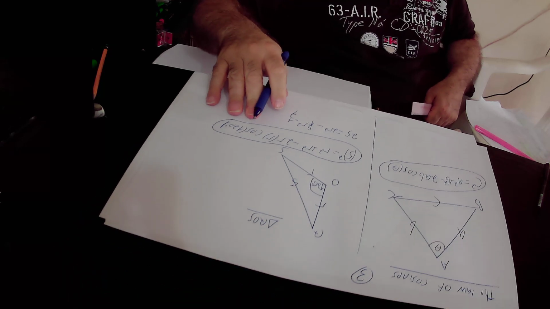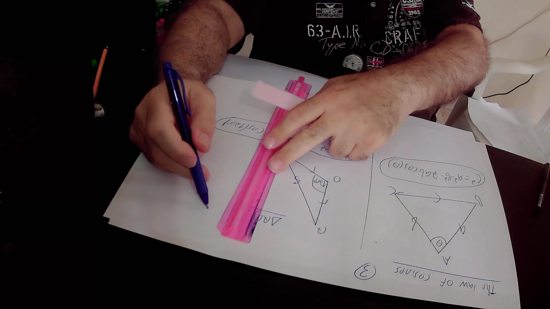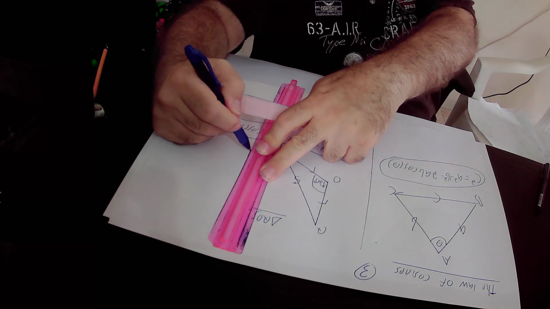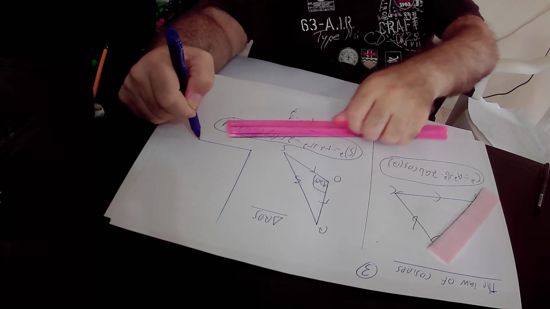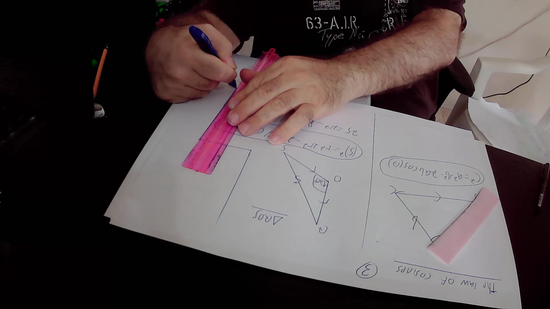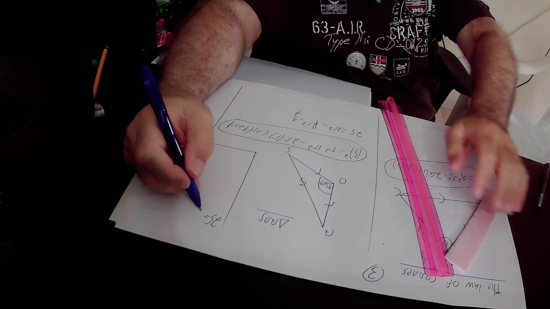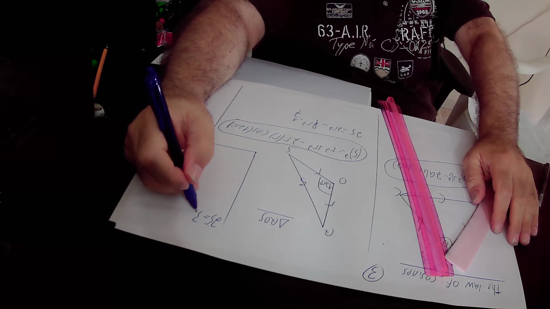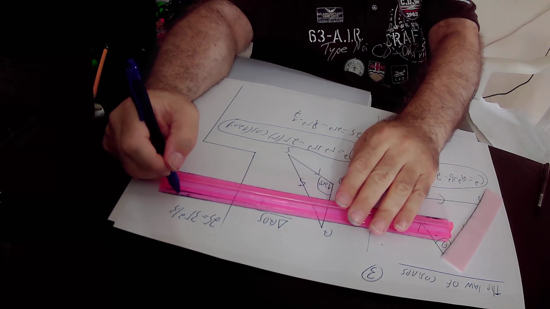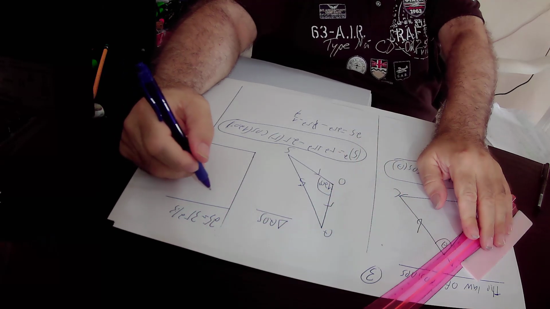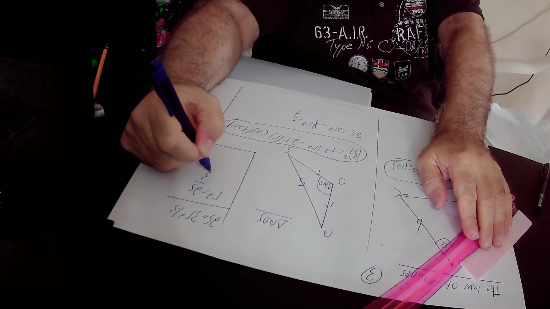So in conclusion, we get that 25 equals 2R squared plus R squared, which is 3R squared. We divide this equation by 3 and we get that R squared equals 25 over 3.